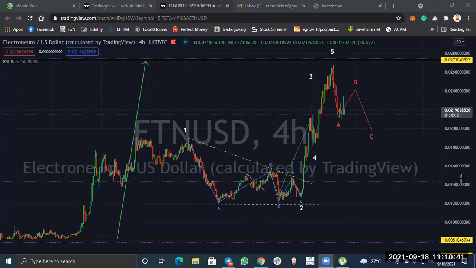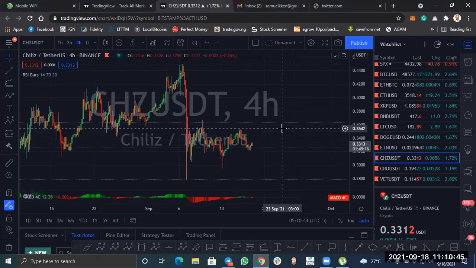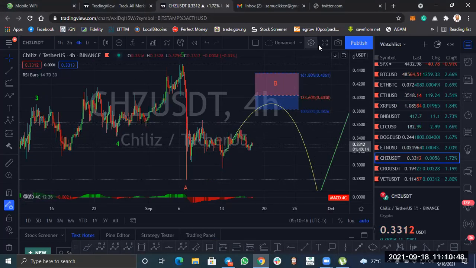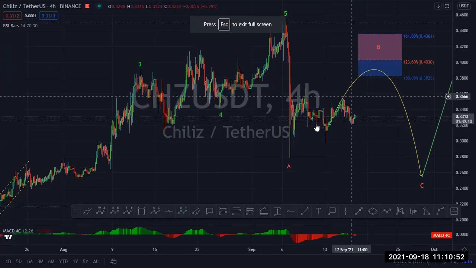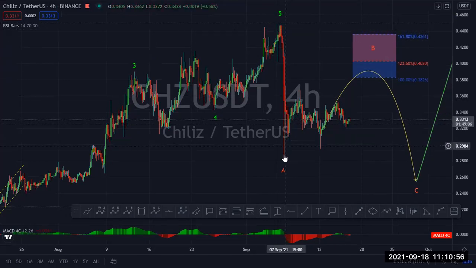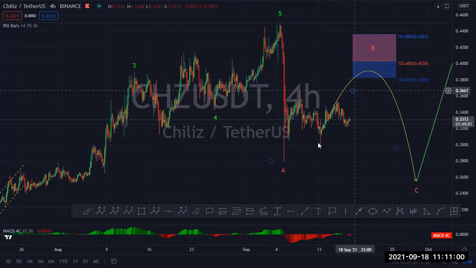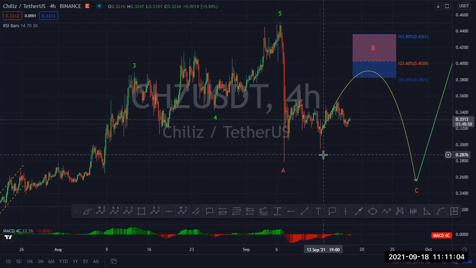Next is CHZ. Just as I always say, this big red drop caused a problem for the bullish move. So in my opinion, this is the WXY.